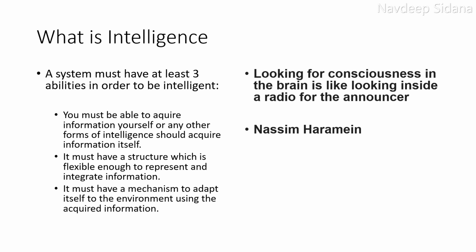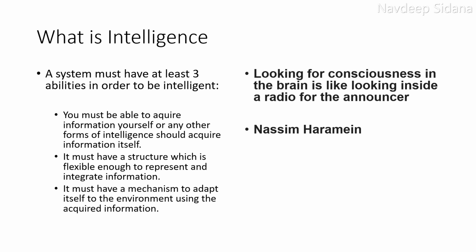Last but not least, it must have a mechanism that helps it to adapt itself to the environment. Now supposedly if we have not instructed the program to automatically read words inside images, then it might run the sequence of program for analyzing words without seeing that it's an image.